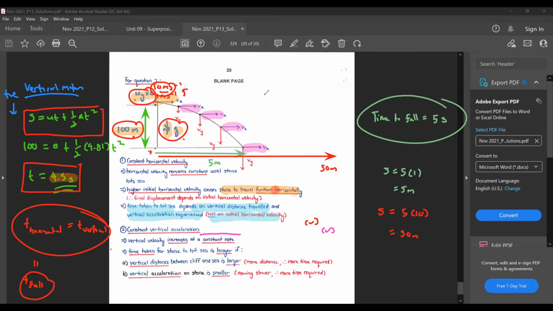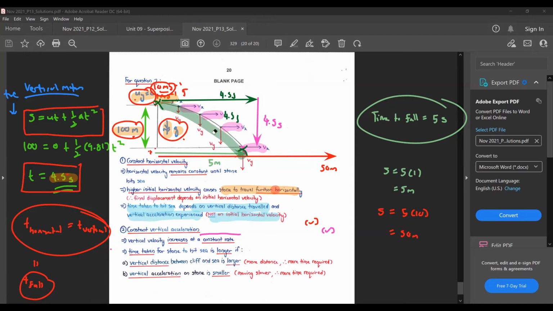If it took you 4.5 seconds to fall vertically to hit the sea, it will also take you 4.5 seconds horizontally for you to hit the sea. So overall, it will still be 4.5 seconds for you to go from here to here. That was what this one meant.